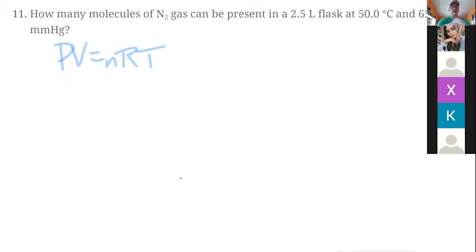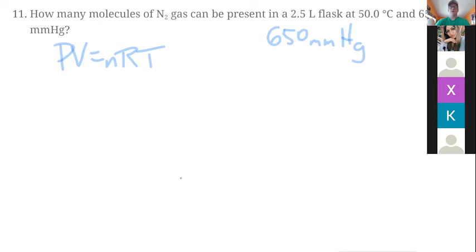So what's our pressure? P. What is it? What's our pressure here? As in the variable P. Yep. 650 millimeters of mercury.